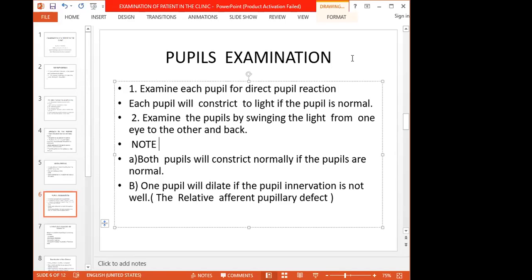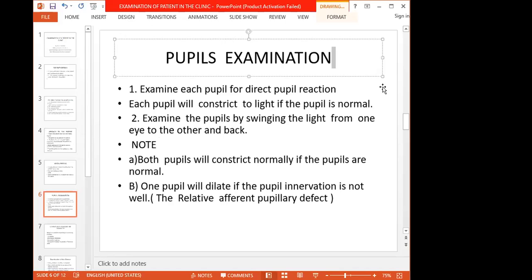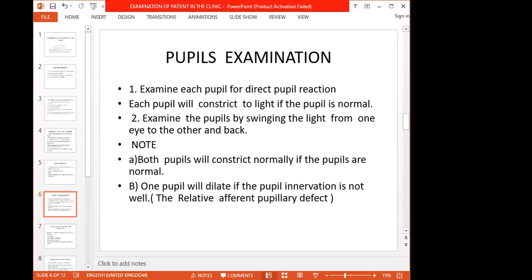But you will find a situation where, while you are swinging the light from right to left, at some stage you swing it to this pupil and instead of constricting, it starts to dilate.